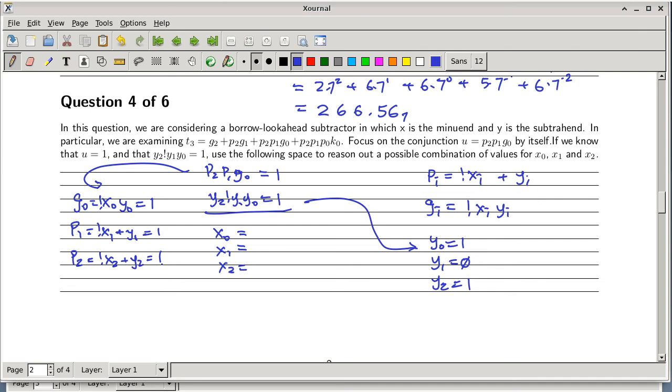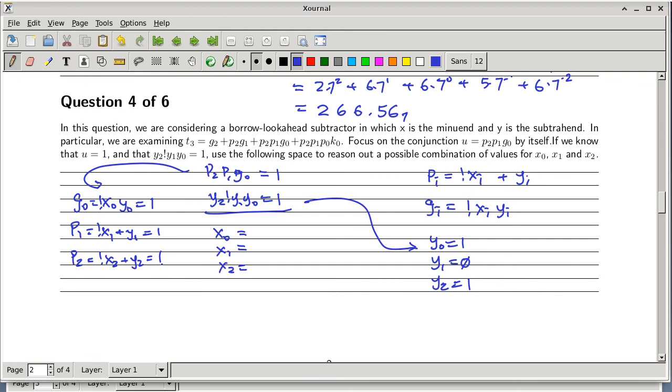So this gives us all the constraints that we can possibly derive, because we are expressing everything into x and y's. So now the question is, can we solve what x0 is? The answer is yes, because we know y0 is a 1, so that means this is a 1 here. But because the conjunction of the negation of x0 and y0 is also a 1, that means the negation of x0 is a 1, which also tells us that x0 is 0.